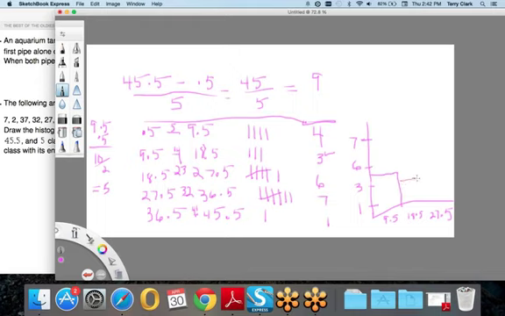Now with histograms, you want to make sure the bars are touching, because bar graphs and histograms are totally different. A histogram deals with continuous or interval data, which means that each bar touches. There's no space in between. And then the 27.5 goes up to 6, because there's a 6 there.